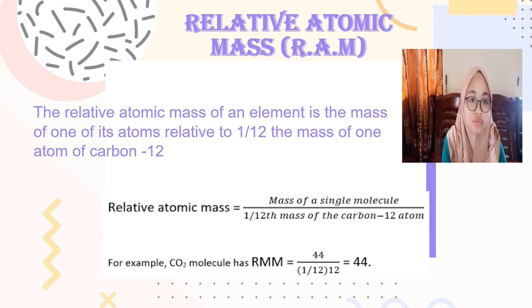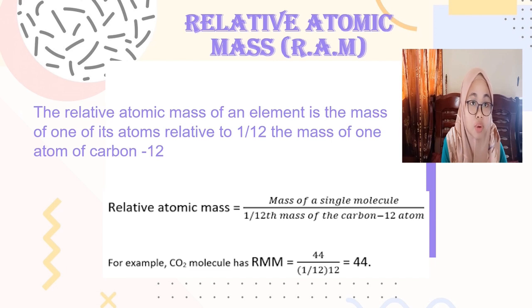You can use the formula: mass of one atom of the element divided by 1/12 times mass of one carbon 12 atom.